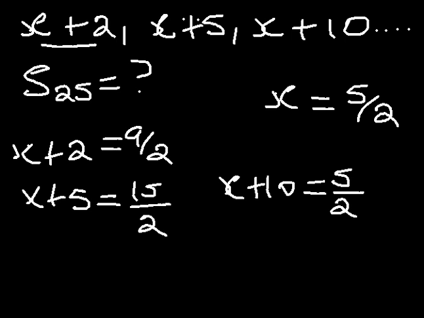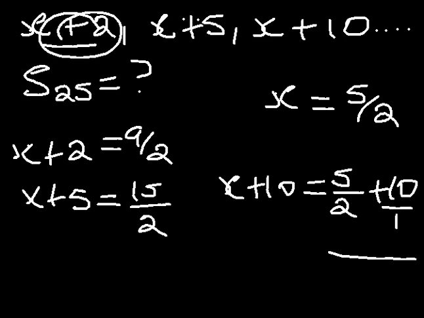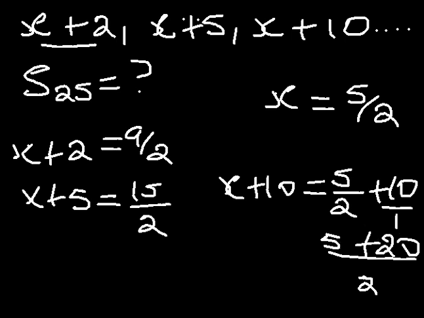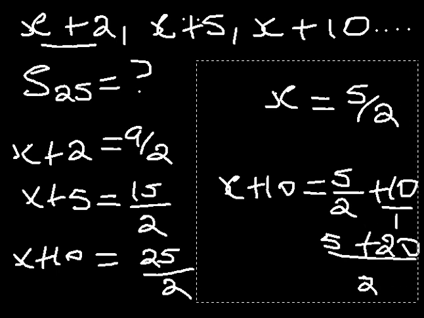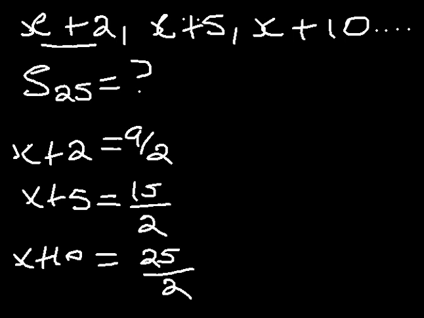Mind you, we are just substituting 5 over 2 wherever there is x in order to interpret the given terms. So x plus 10 is the same as 25 divided by 2.